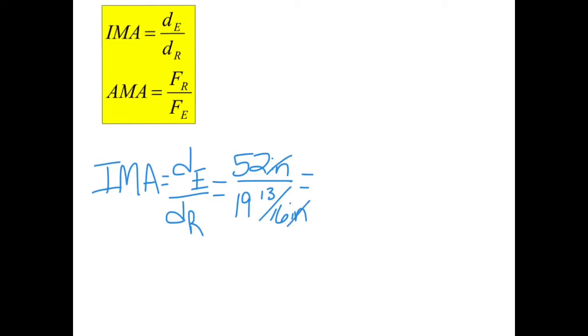Again, I know that inches are going to cancel out. And say 52 divided by 19.8125. I think it's easier to do the 13 divided by 16 to get my decimal and then plug it all in like that. Okay, so 52 divided by 19.8125 is 2.6.